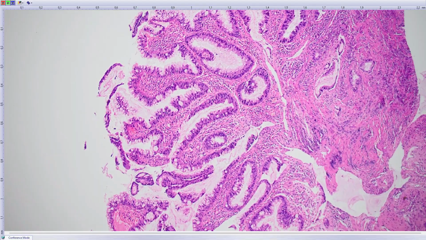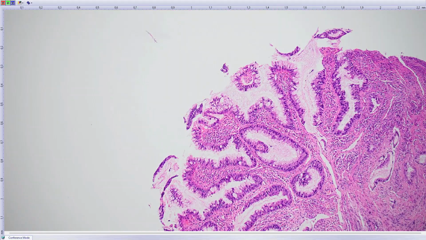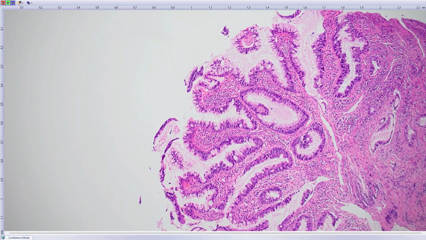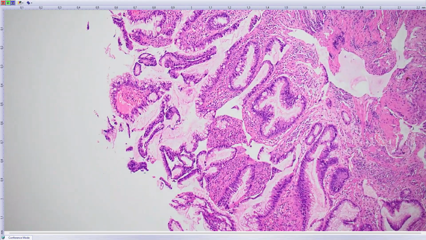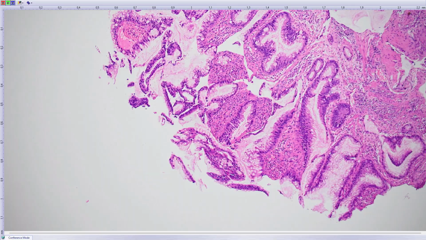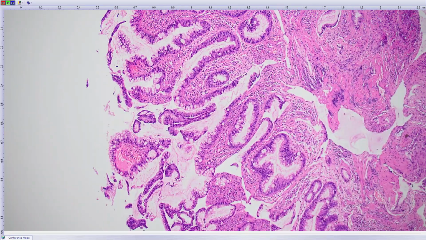There was no mass lesion, no polyp, nothing there, okay? And the patient, I believe, was previously diagnosed with some kind of dysplasia. And the clinical question is: is it dysplasia or not?